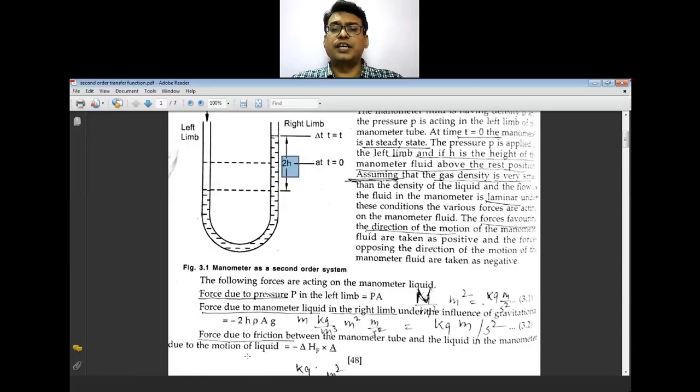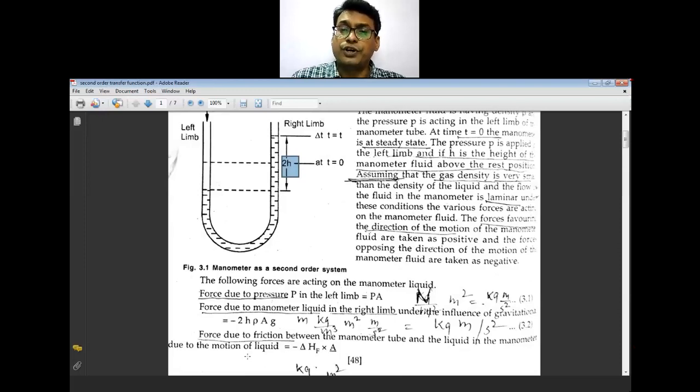Then the third factor is the force due to friction, between the manometer tube and the liquid due to the motion of the liquid. That is delta HF, the frictional head loss, into the cross-sectional area.